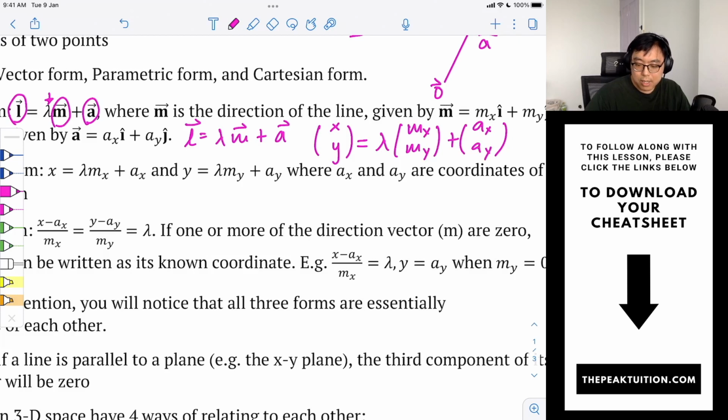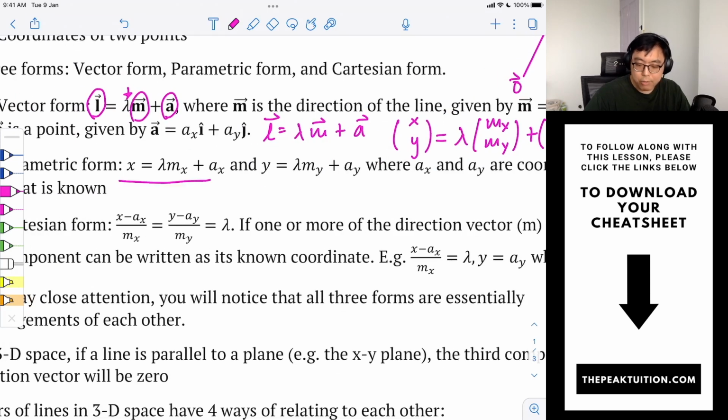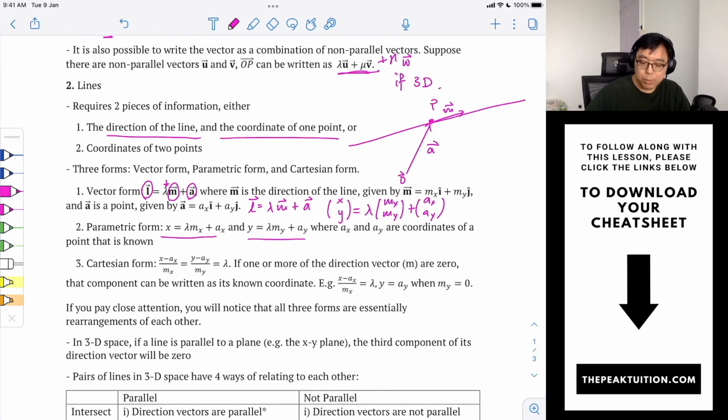So we are just writing the vector form in its individual components. Its parametric form and vector form are basically interchangeable and very useful.